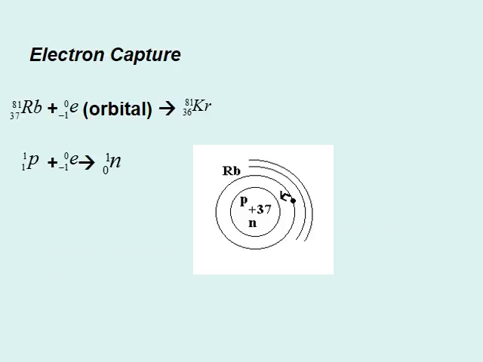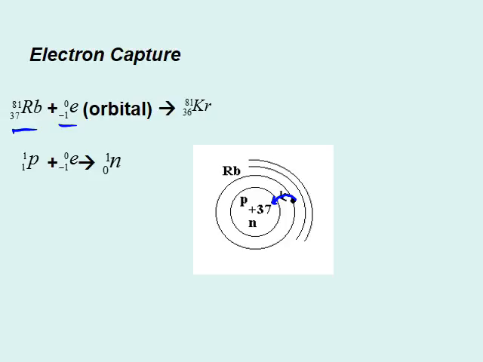Electron capture. In some of the heavier nuclei like rubidium, the closest electron gets captured by the nucleus because the nucleus has lots of protons. So in this case 37 protons, and an electron from the orbit gets captured. It goes to the nucleus and gets captured, and that's why it's called electron capture.